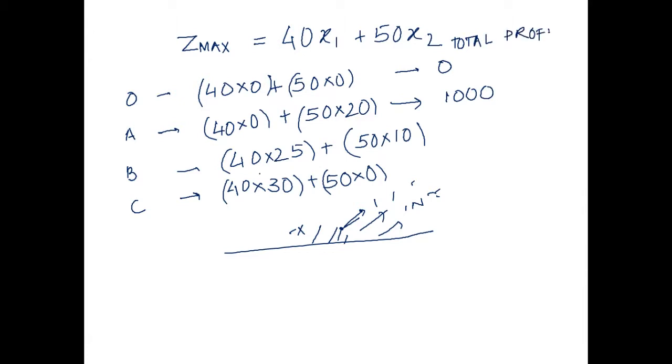Now, what about point B? 25 times 40 is 1,000, plus 500, so 1,500. And at point C, the total profit will be 1,200 plus 0, so it will be 1,200.